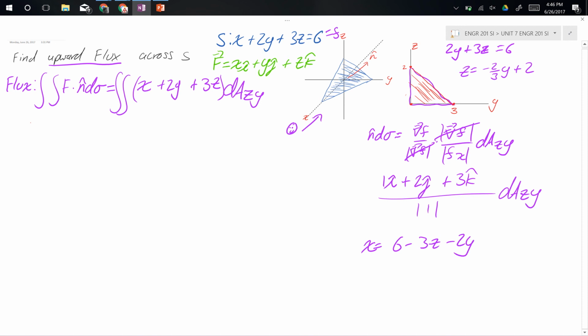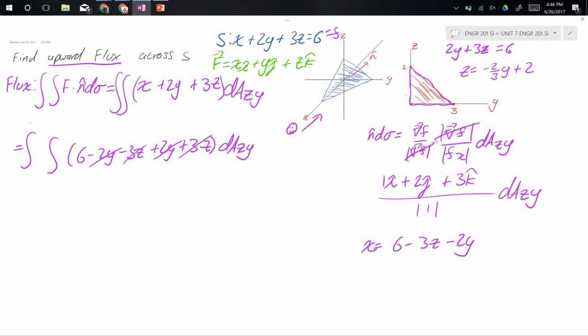So you plug that in. We end up getting the double integral of 6 minus 2y minus 3z plus 2y plus 3z. And look at that, we will have just 6 in here because you have a negative 2y, positive 2y, negative 3z, positive 3z. So now we just have 6 times dz dy, or dA zy.